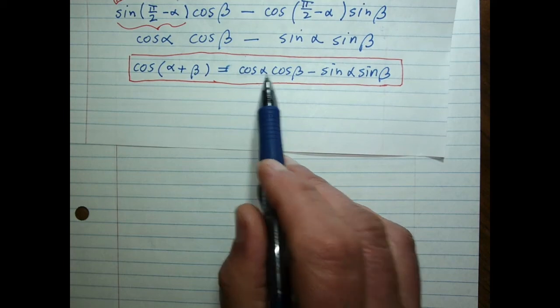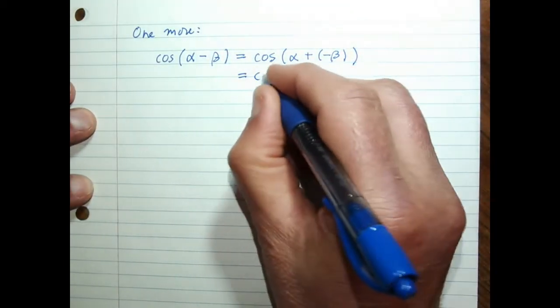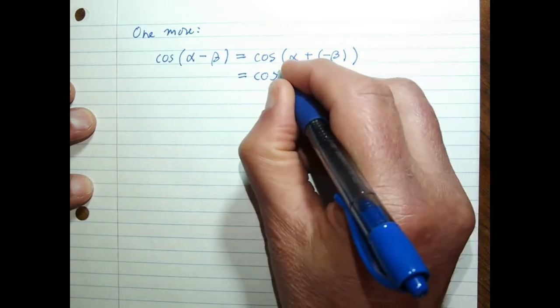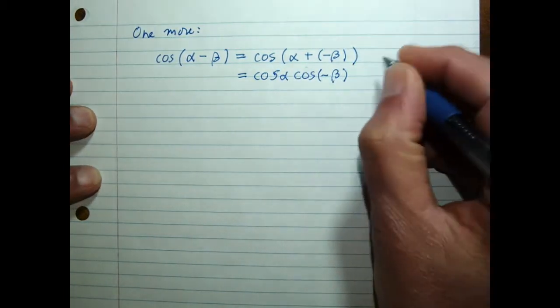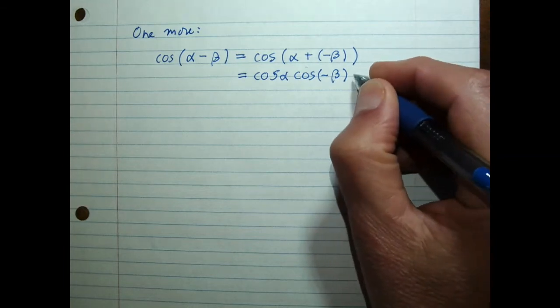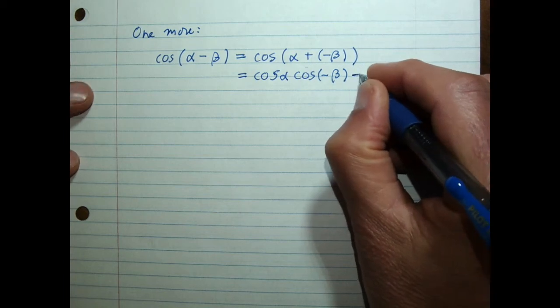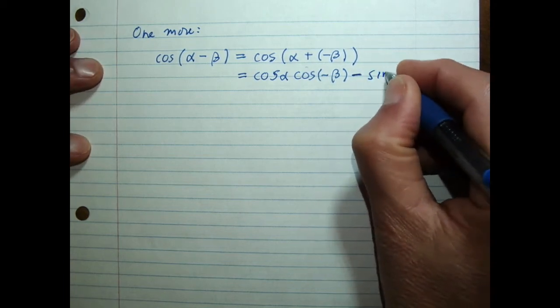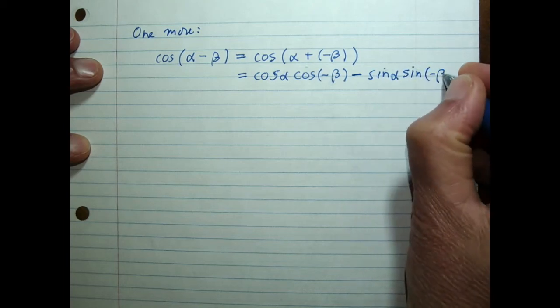Instead of alpha plus beta, I have alpha minus beta. So it's cosine alpha, cosine minus beta, and I have a minus sign, right? Sine of alpha, sine of minus beta.